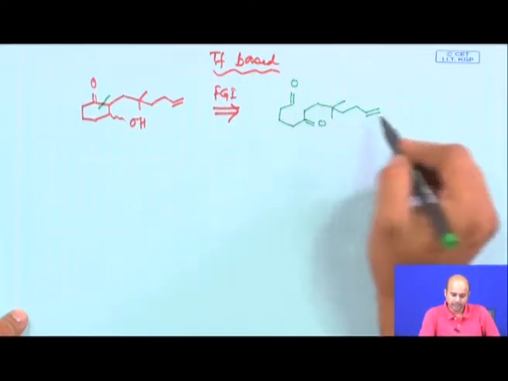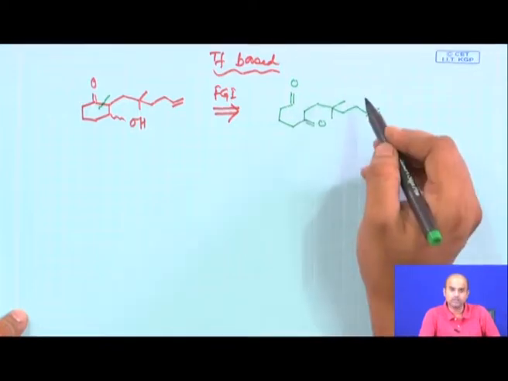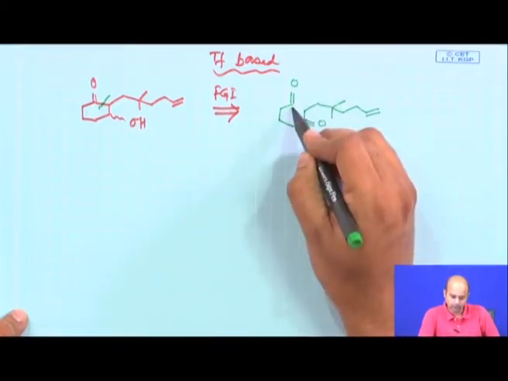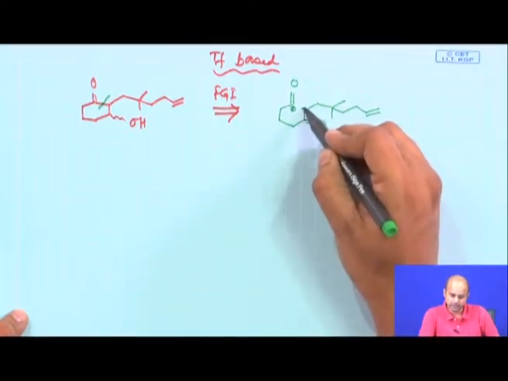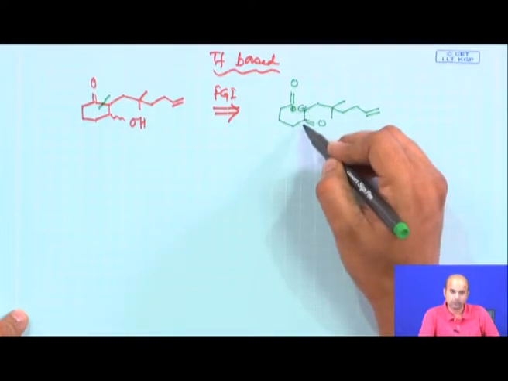I will do an FGI something like this, where we know the carbonyl carbon is delta positive, and this end could be negative as it is alpha to the carbonyl.